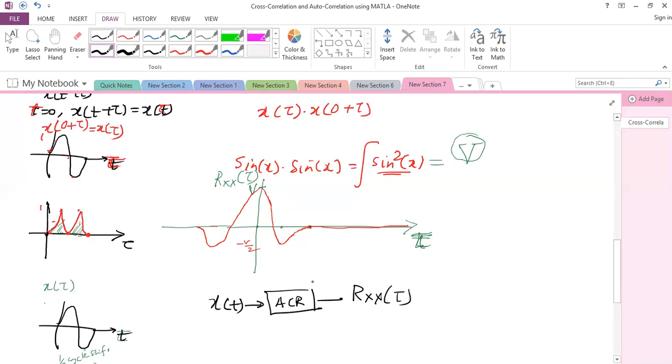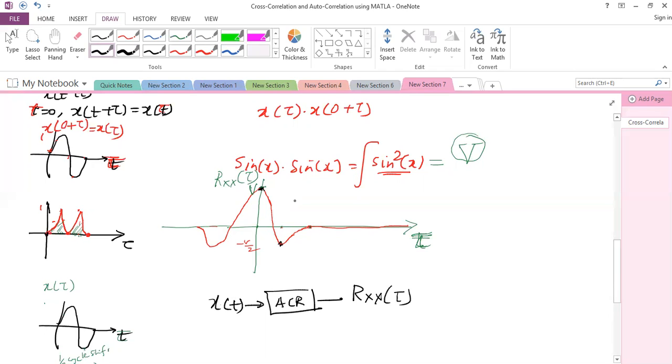And why have these peaks been created? This peak is created due to zero shift. Whenever there is zero shift, complete overlap will be there. Therefore, we get this max. And why is this negative peak created? Because the positive parts overlapped with the negative parts, and we got this.